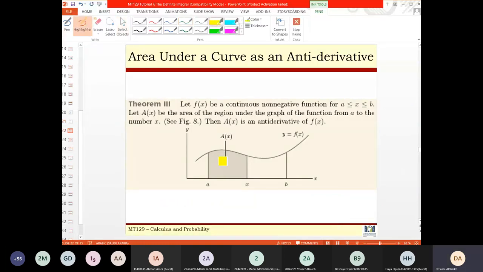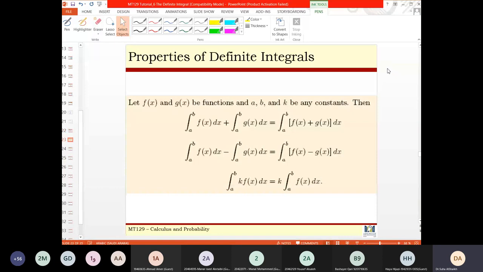So as we mentioned, the area under a curve is given by the antiderivative between the two points that we have. The properties of the definite integral are similar to the properties that we took of the integration. If I have the sum of two functions and it's definite from a to b, it can be cut into the integration of f plus the integration of g. Same thing if I have a subtraction.